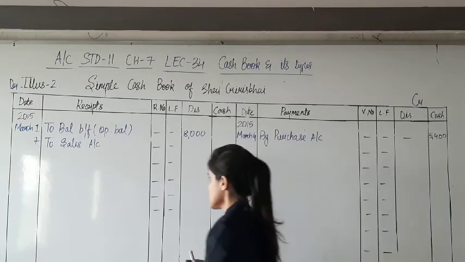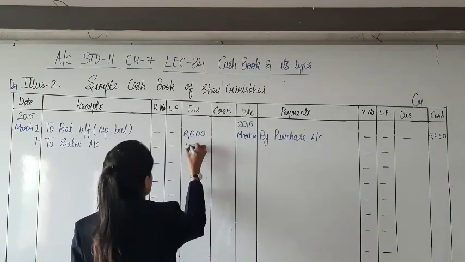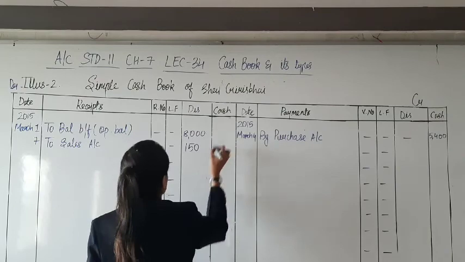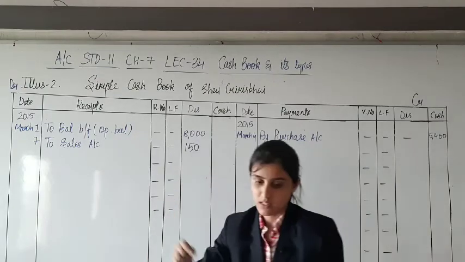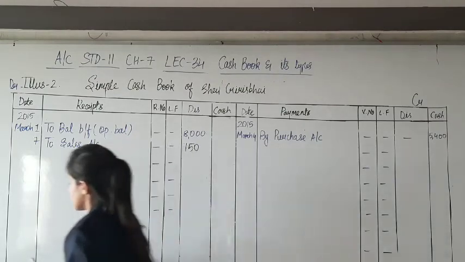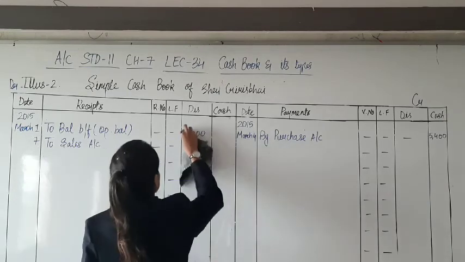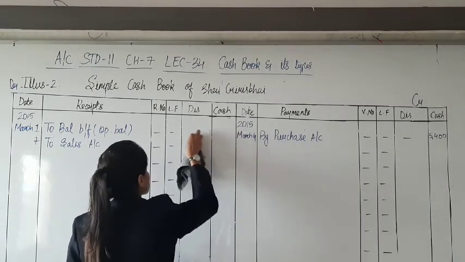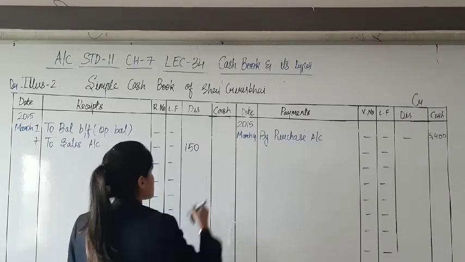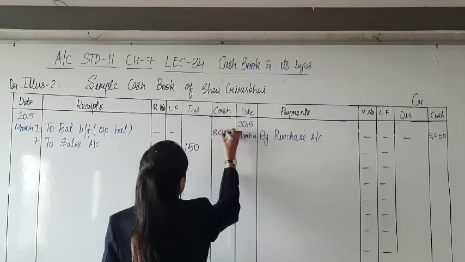Yes. So as we have calculated rupees 150 here, sorry, opening cash balance by mistake I have written in the column of discount. That is again a mistake. Extremely sorry for inconvenience.